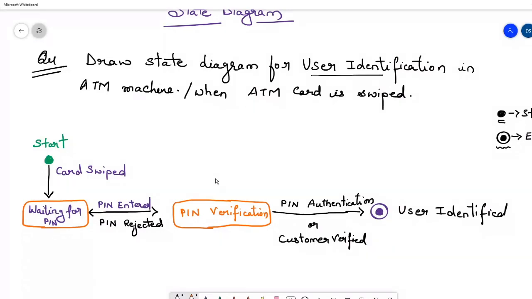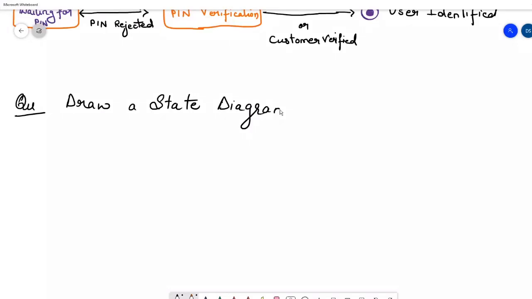Now let's take another example. Suppose you have to draw a state diagram to book an appointment.